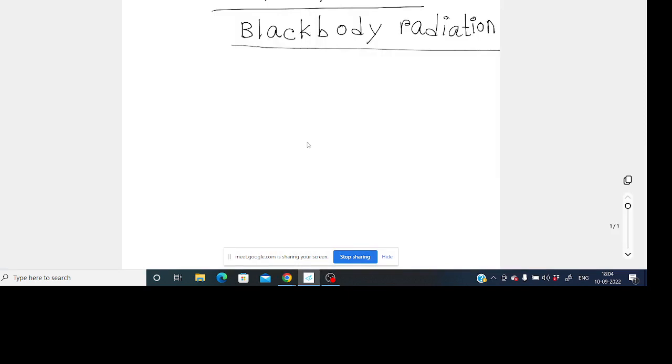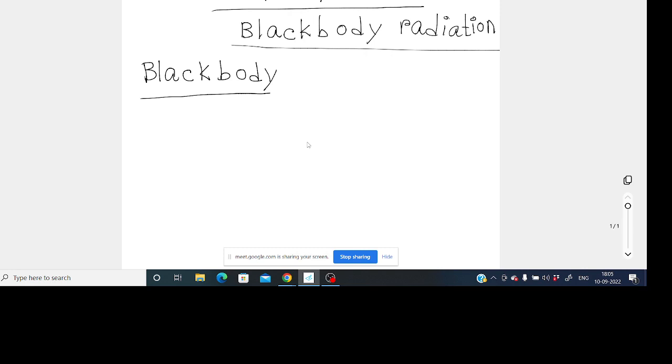Okay, fine. So today we'll discuss blackbody radiation. So what is a blackbody? A blackbody is an object which absorbs all the radiation imposed on it.